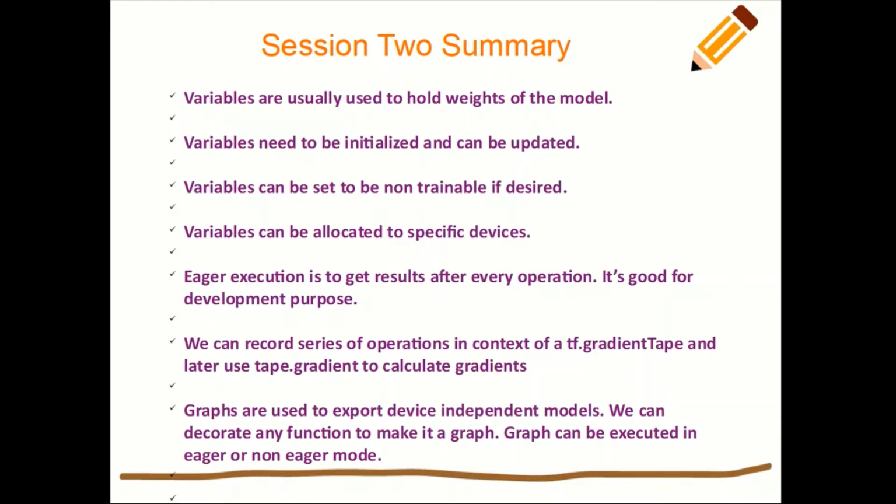Eager execution is used to get results after every operation; it's good for development purposes. We can record a series of operations in the context of tf.GradientTape and later use tape.gradient to calculate gradients. And then graphs are used to export device-independent models. We can decorate any function to make it a graph, and a graph can be executed in eager or non-eager mode. That is what we have covered so far.